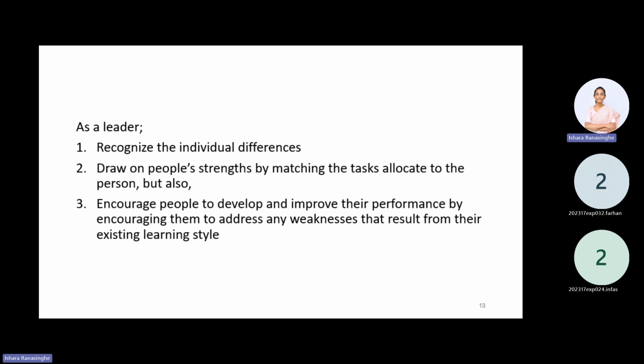In the third point, it says, encourage people to develop and improve. If we want to make them work without supervision, we need to allocate the task to the related and capable individuals, right? Sometimes we realize we are not allocating some tasks to some subordinates once we realize that a particular person's capability is not sufficient. So there are two individuals in the same designation, finance executives.